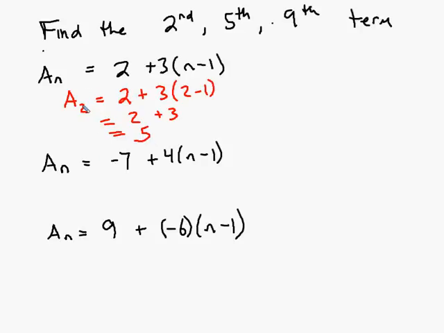So to find the second term, we replace n with 2. I get 5. Any questions? A sub 5, that means the 5th term. Use the same formula as given. Do it 3 times.